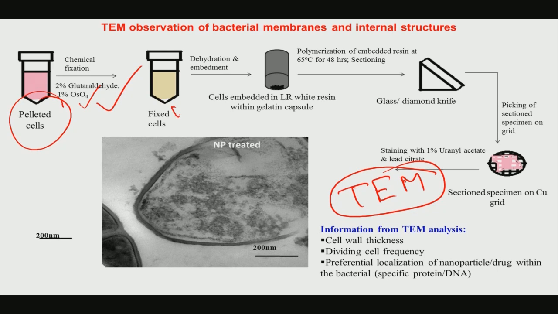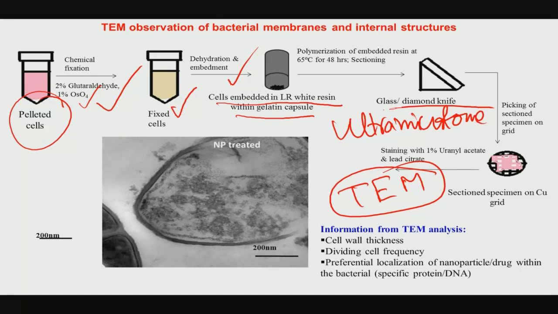Now, to come back to the discussion in this slide, what I am showing is that first you have to grow the cells, then you have to fix the cells on a certain substrate. After you fix them, you do dehydration and all these things, and then the cells are embedded in white resin or within a gelatin capsule. So, essentially you should use a certain substrate to hold or attach the bacteria or cells or tissue before you can prepare very thin sections, for which you have to use the ultramicrotome.